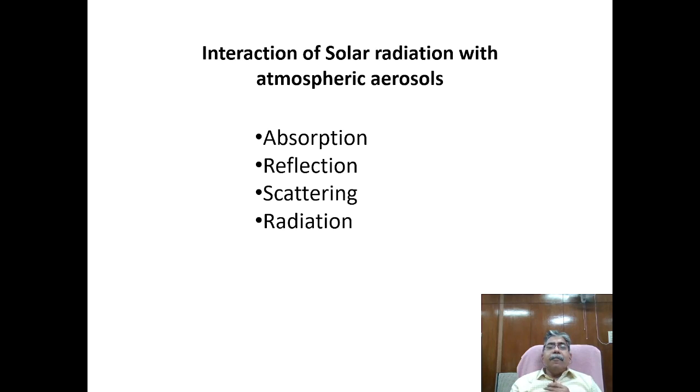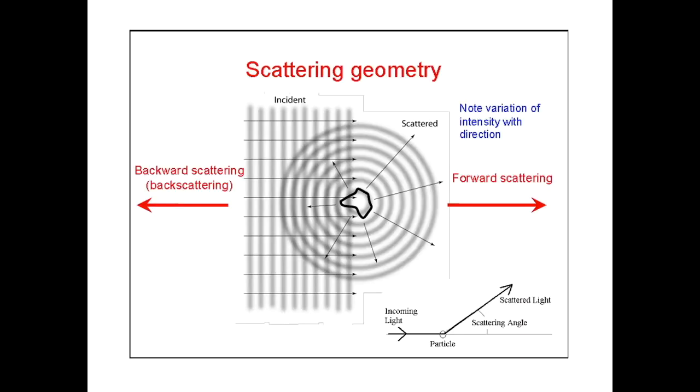Now, we know from the fundamentals of physics that the interaction of solar radiation with atmospheric aerosol can take place through any of these processes: it can be absorption, reflection, or scattering, and these are the processes by which the aerosol radiation interaction takes place, and it affects the overall radiation budget. We are aware of most of it, but a little bit about scattering: scattering is nothing but a redistribution of energy.